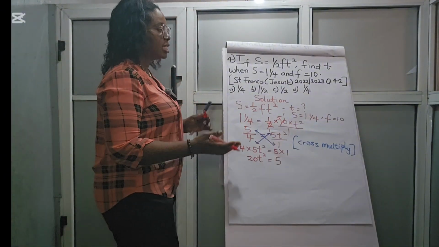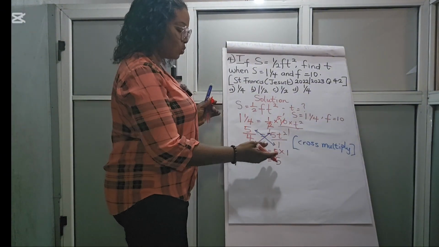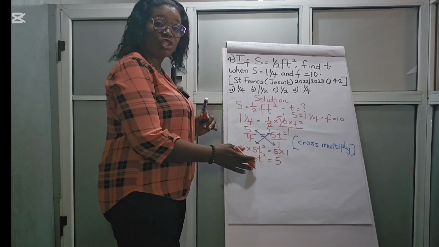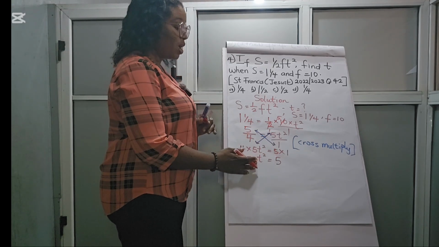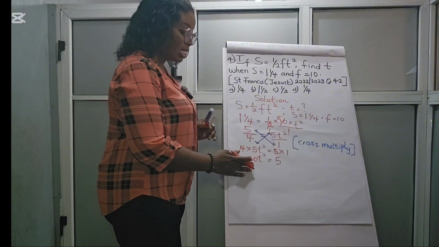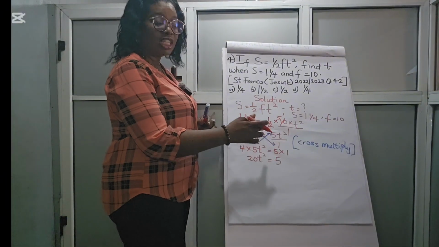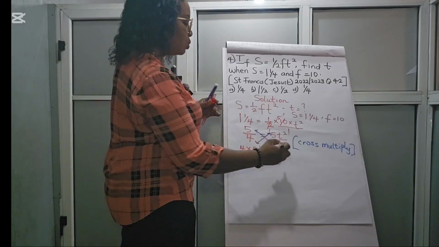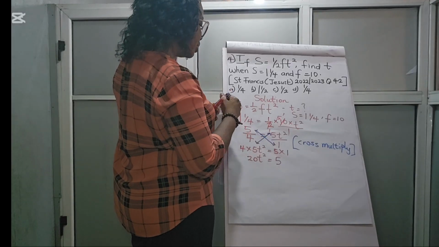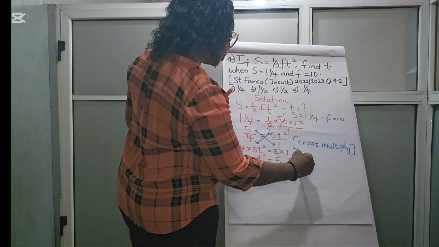The question says find t, not t squared. So we're going to first of all get rid of 20 and we'll be left with t squared. So the only way mathematically we can get rid of 20 that is attached to t squared is by dividing both sides by 20. So we'll divide both sides by 20. Let me put it here so you can see it.